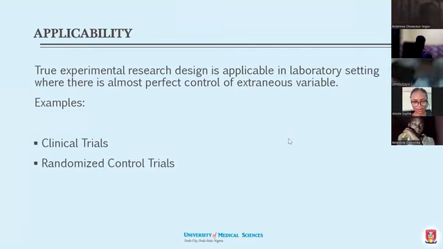So if you have anything short of 100%, it should not be too wide. True experimental research design is something where you must be able to control all the extraneous variables, and examples of such design are clinical trials or what we call randomized control trials, at different levels.